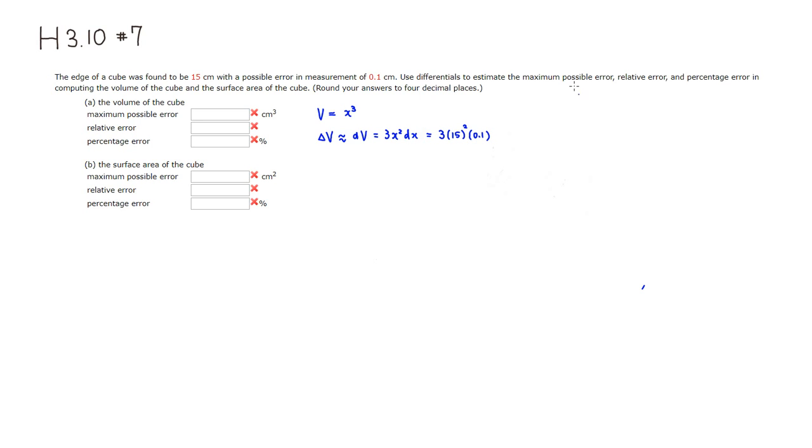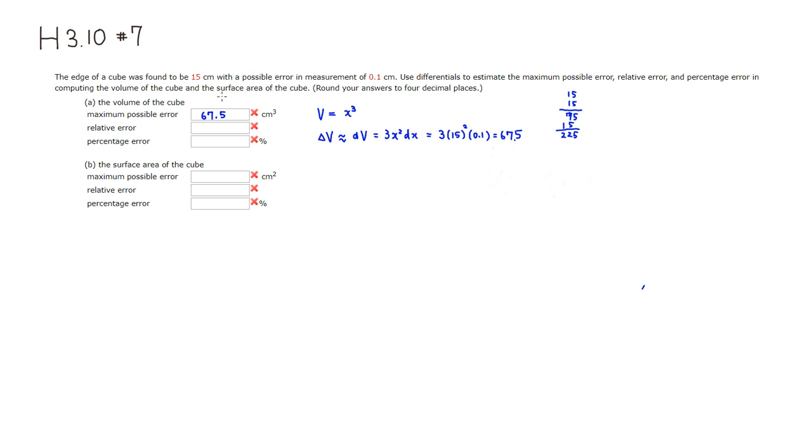What would that be? 15 times 15 is 225. 225 times 3 is 675, and then multiplied by 0.1, that's 67.5. So 67.5 will be the maximum possible error.